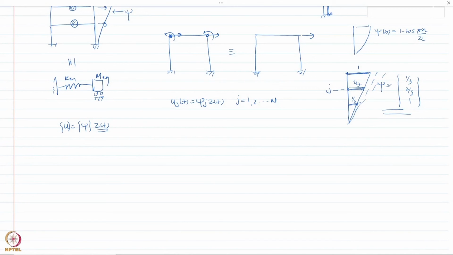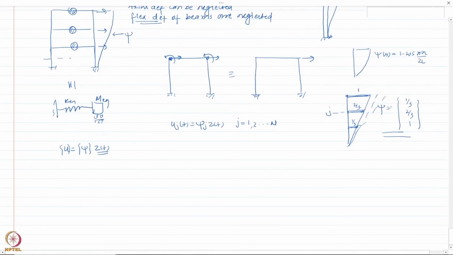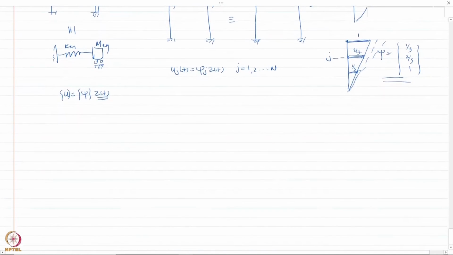Now remember, for a shear type building, we represent story stiffness K_j at the jth story as the sum of stiffnesses of all the columns at that particular story.